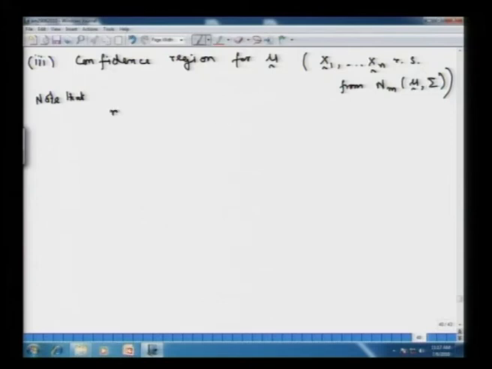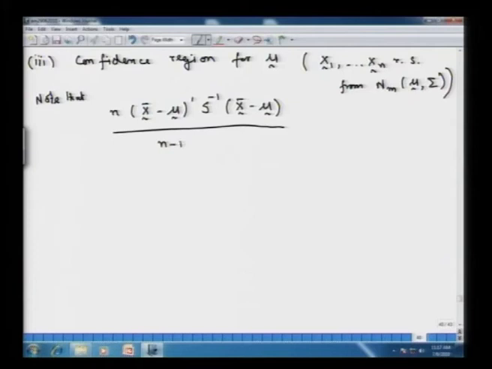Note that we will have n times (x bar minus mu) transpose S inverse (x bar minus mu), this term here is the t square statistic, divided by degrees of freedom n minus 1, multiplied by n minus 1 minus m plus 1, so that is n minus m, divided by m. This will follow an F distribution. Now this F distribution has degrees of freedom m, n minus m, right.